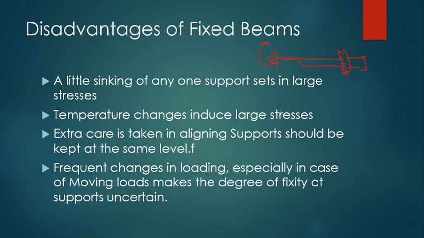Then the next point is temperature changes induce large stresses, right? In a simply supported beam, one of the supports is a hinged end, and the other is a roller support, wherein that roller support will not have any lateral fixity. It will allow free expansion. What happens when the temperature rises in any material?